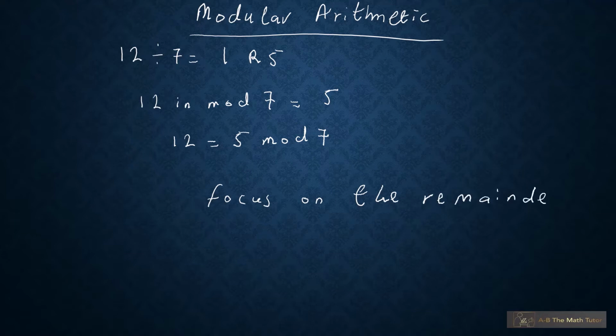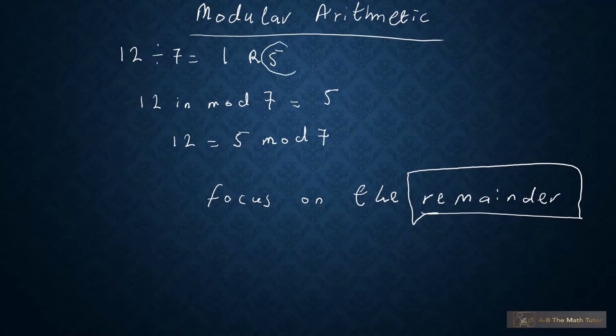Focus on the remainder. That is the motto of this topic. Okay, always focus on the remainder. So 12 divided by 7 will be 1 remainder 5. And 5 is going to be our answer for 12 in mode 7. Let's take some more examples to enhance your understanding of this explanation.